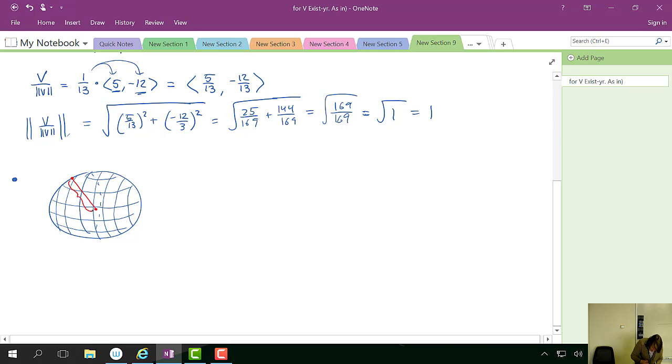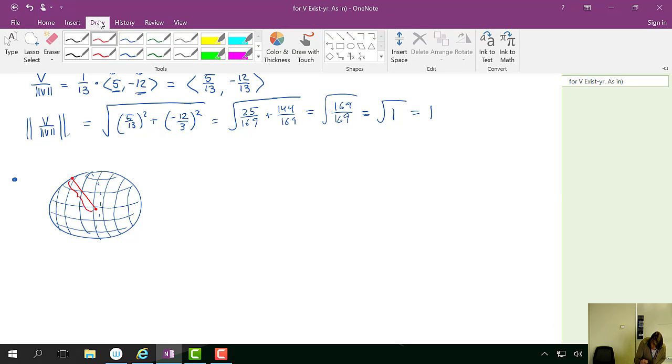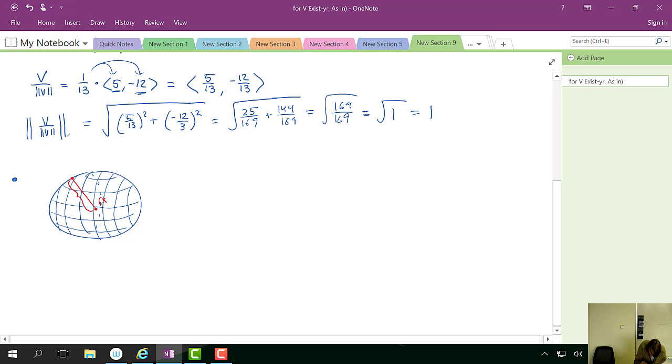But let's imagine we have a sphere whose center is very specifically some point x naught, y naught, z naught. And let's say further, the sphere has a radius of r.